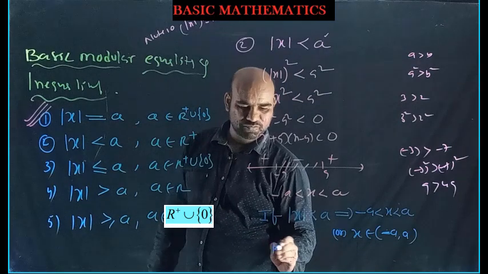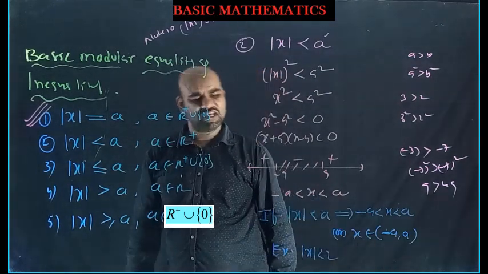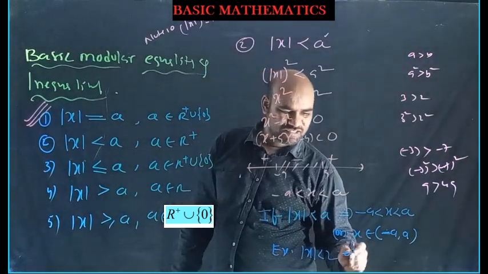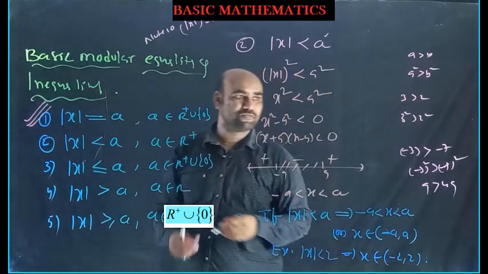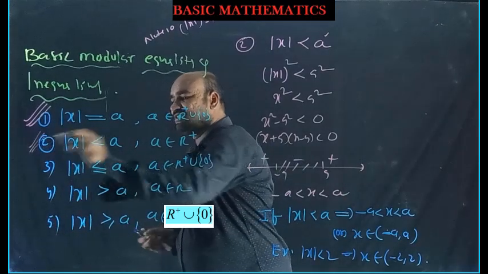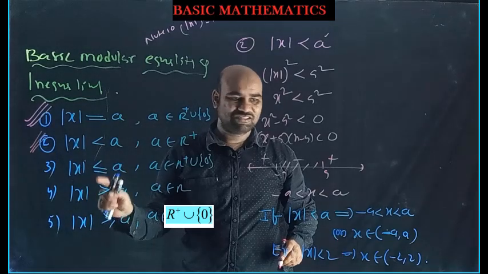Example. Mod x less than 2 given. Directly I can say x lies between minus 2 to 2, which implies x belongs to open interval minus 2 to 2. Students, the third one is not a big problem for us. Both are the same, just equality included.